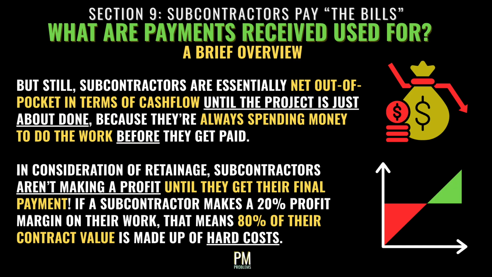By the end of the project, the vast majority of the costs the sub has incurred to do the job have been paid, either out of pocket or using the funds they've collected. And since the GC holds 5% of the total value as retainage on top of that, which is only released near the end of the project, the final 1 or 2 months payments are the most critical for all contractors, as they cover the actual profit generated on a gross profit sense.